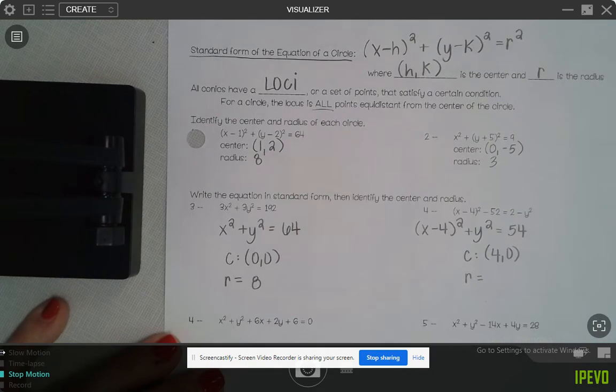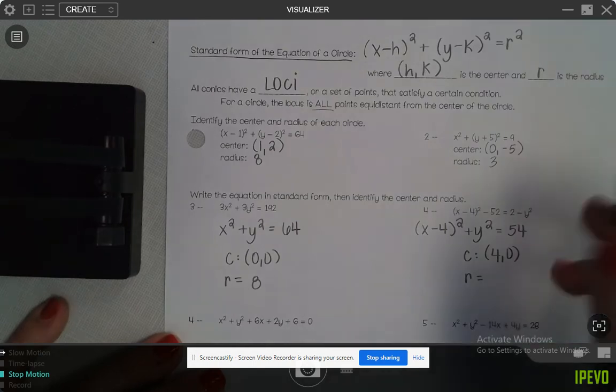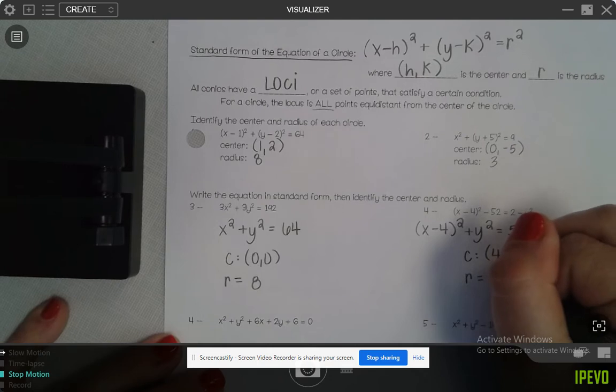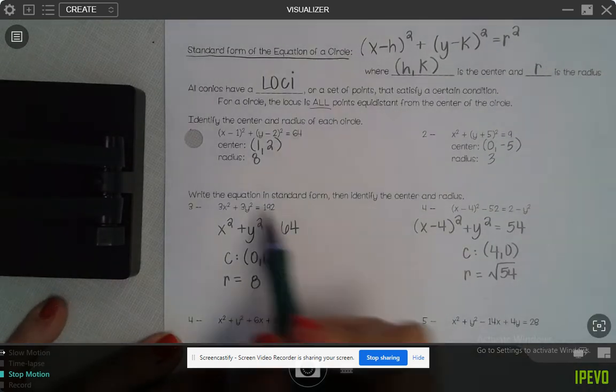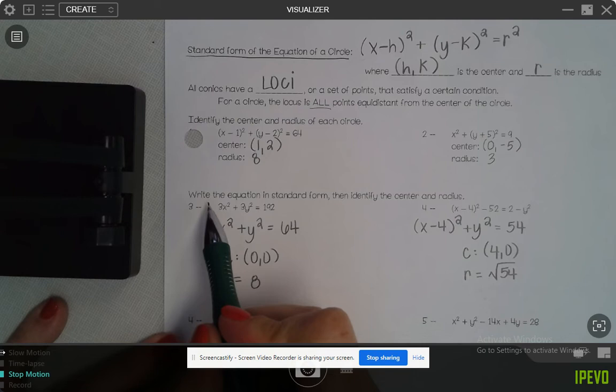What's your radius? If you give me a decimal, I'm going to tell you you're wrong. So you have this square root of 54, but am I going to accept that answer? Does it anywhere on here say where to round to? So can you round it?